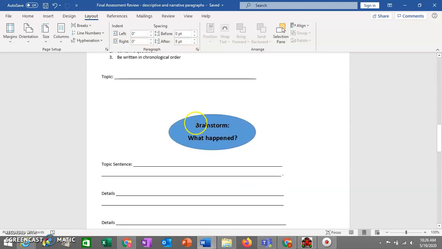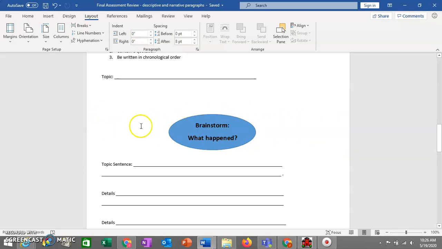Okay, so your narrative paragraph. So first, brainstorm what happened on that day. So list the different things that happened. Because if you just start writing without listing them, you might find that you forget something. And then you might, if you're just writing, mention, oh yeah, and before this thing happened. And then your paragraph kind of loses its structure and it's out of order.